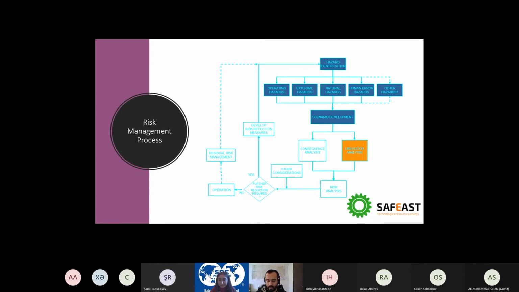And last week we talked about the consequence analysis, which is one of the main parts of the risk analysis. And now today we will talk about the second part of this, which is likelihood analysis. These two together, consequence analysis and likelihood analysis, should give us the bigger risk picture.